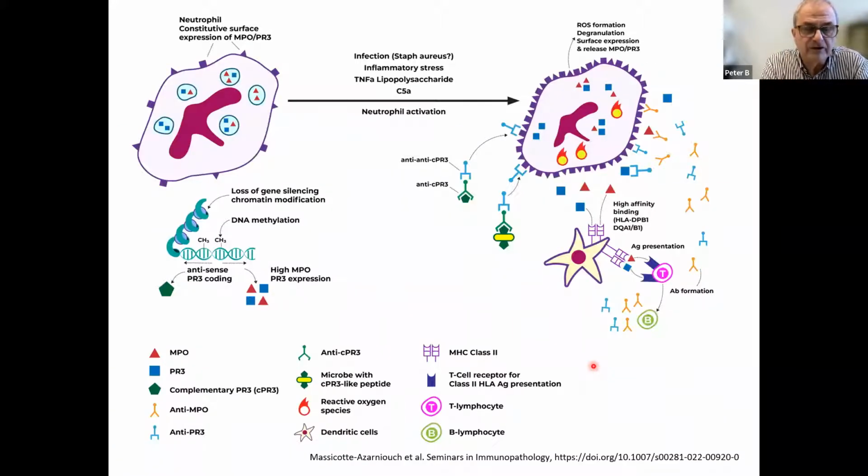A few words about the pathogenetic mechanism. It's not clear exactly what happens in the cell, but there are some theories that we have a loss of gene silencing, chromatin modification, and changes in the DNA methylation, which results in higher MPO and PR3 expression.